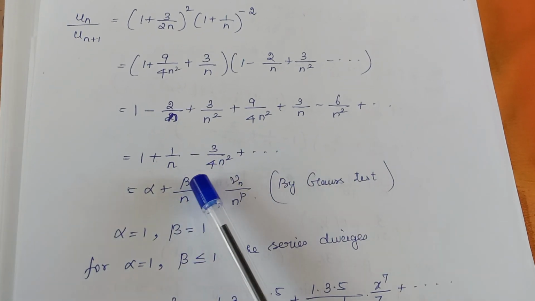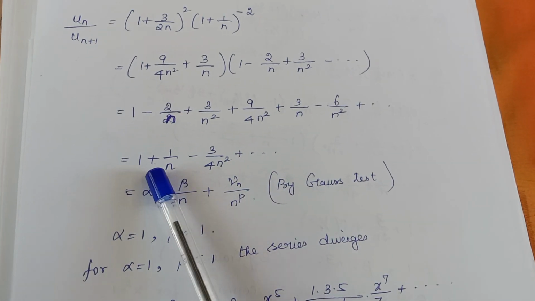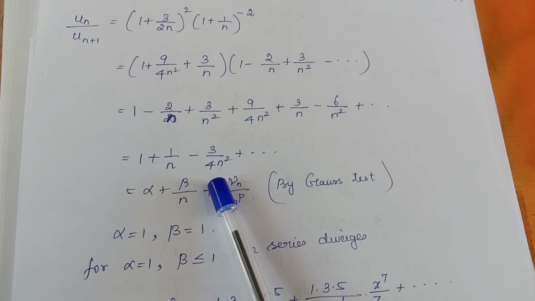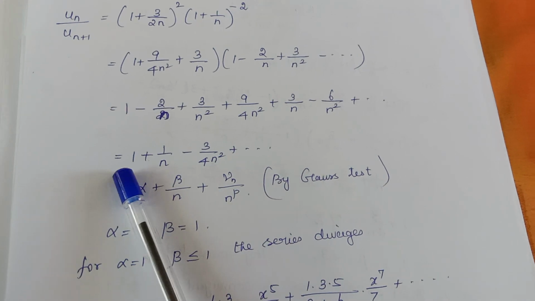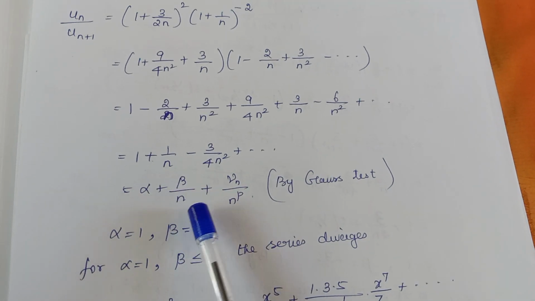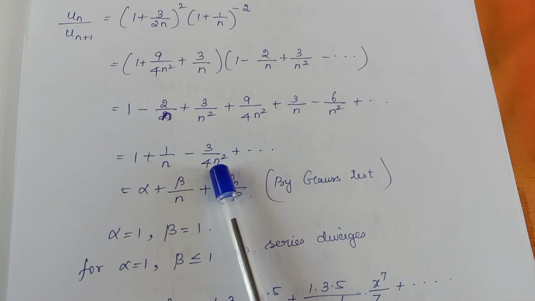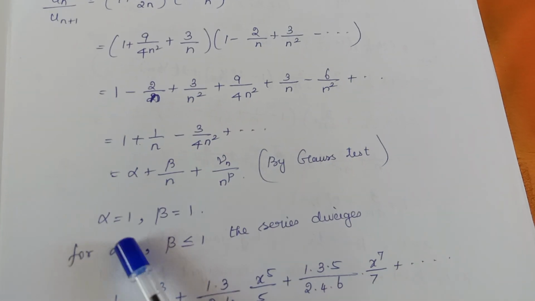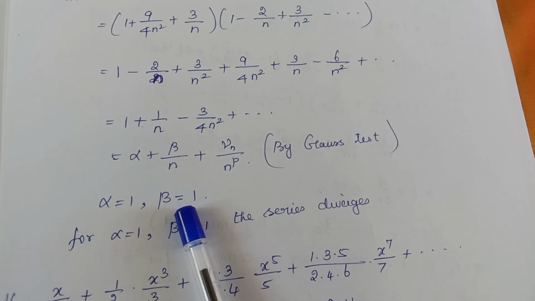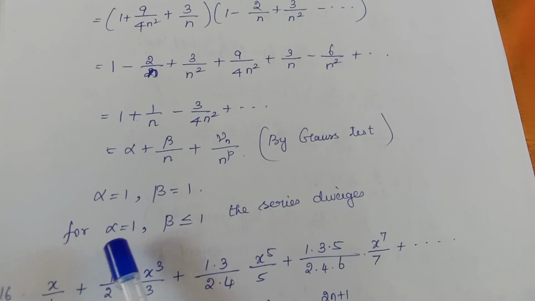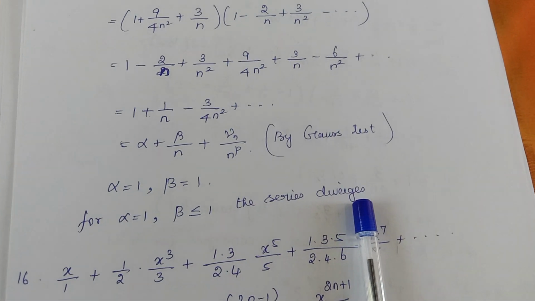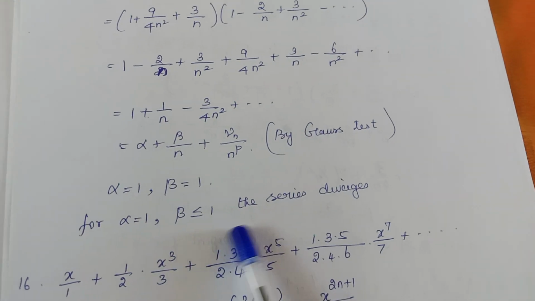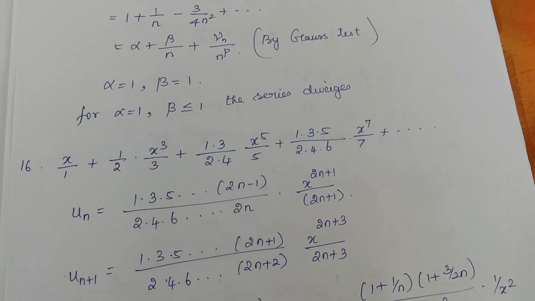Other terms you can leave. Okay, so simply what I get, 1 plus 1 by n minus 3 by 4 n square. Compare it with Gauss test. Here the constant is alpha and coefficient of 1 by n is beta and the remaining coefficients are gamma. Okay, here alpha equal to 1 and beta equal to 1. The test says for alpha equal to 1, if beta is less than or equal to 1, the series is a divergent series. So here beta equal to 1, therefore the series is a divergent series.